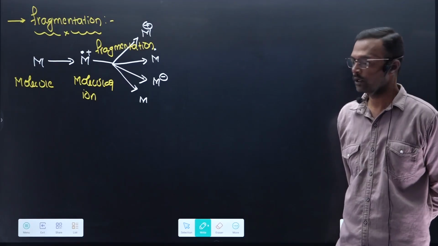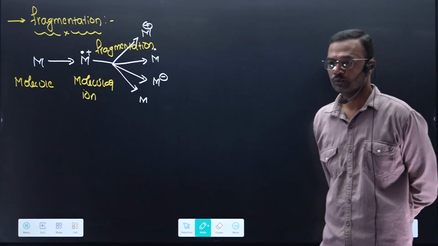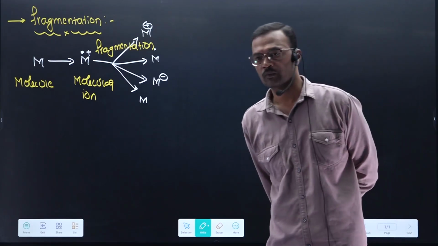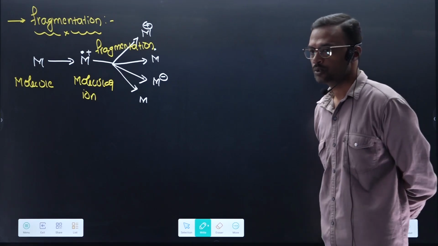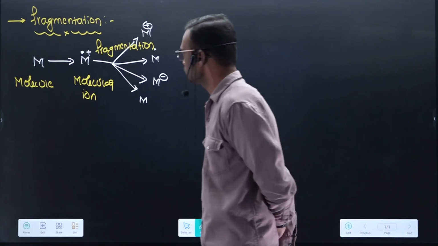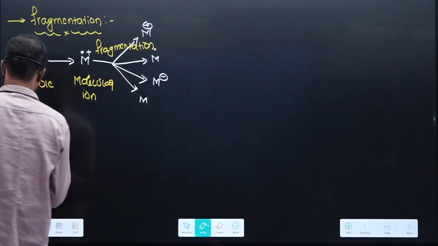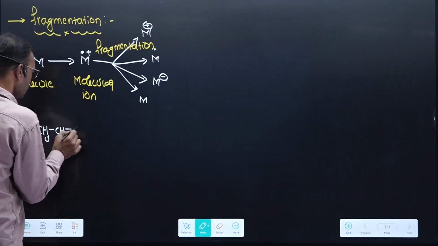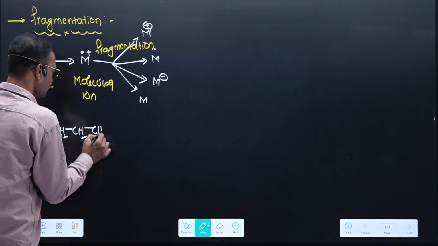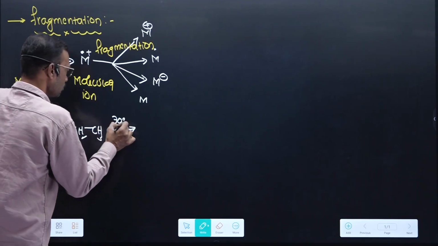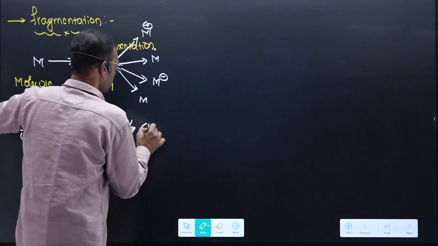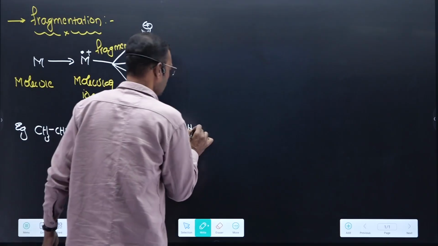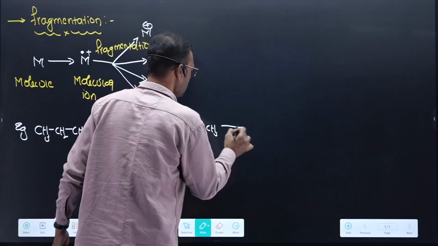Next, one more point. It is a successive step-by-step process. So one example I will give. So this is molecule and this is a molecular ion. Now what is the m/z value of this molecular ion?